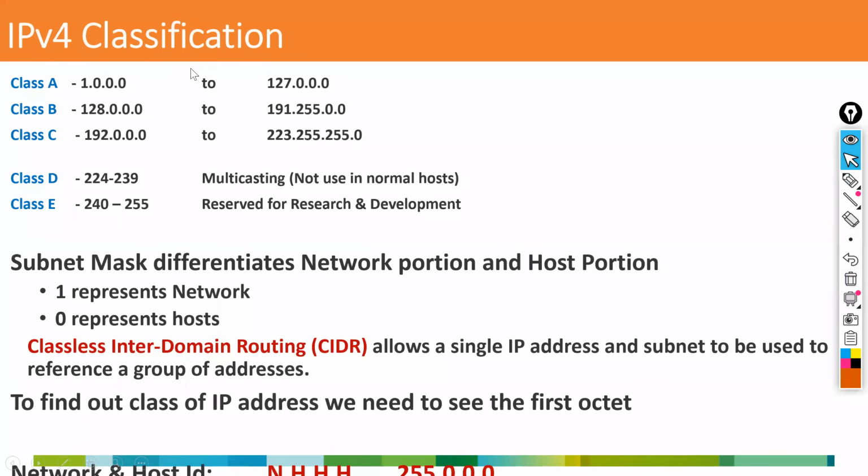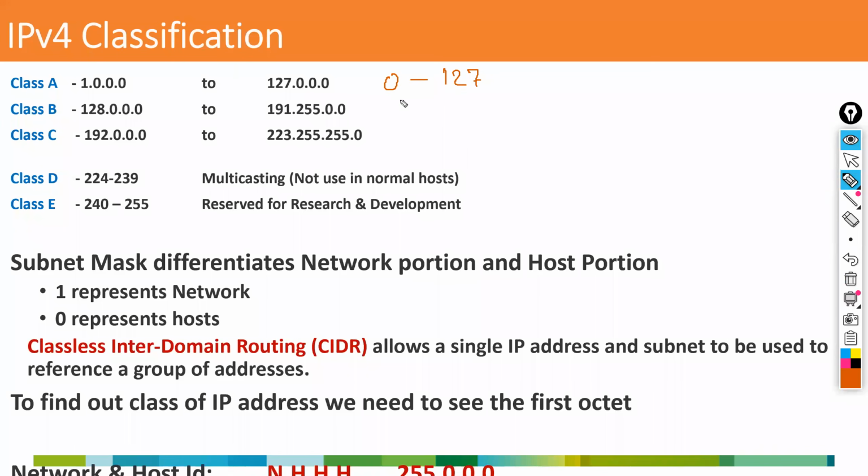Next, its classification, meaning how many different classes we have in IPv4. In total we have 5 classes: class A, class B, class C, class D, and class E. The range for class A actually starts from 0 here, so 0 to 127.